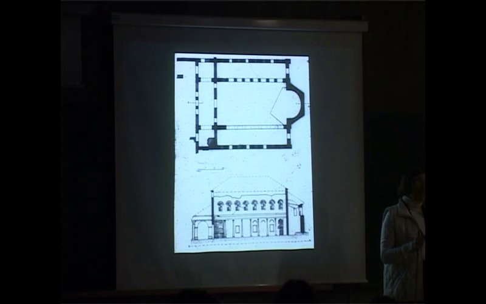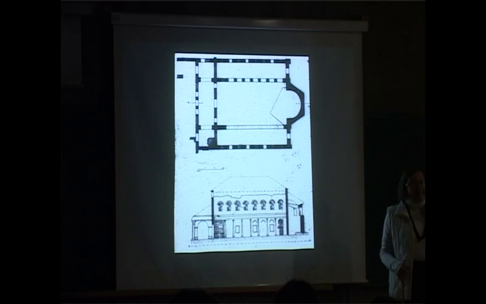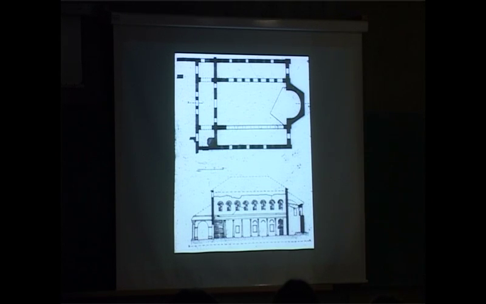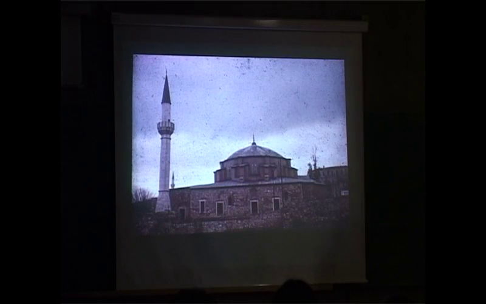Then you have the centralized plans, which are plans around octagons, based around an octagon or hexagon or whatever. And gradually, we are going toward a domed basilica, which is a contribution of the Byzantine architects that we have.